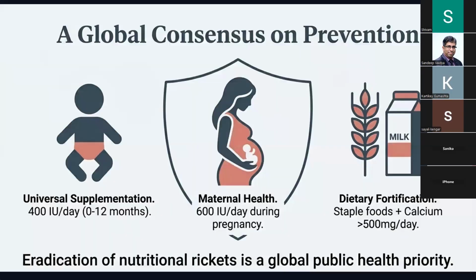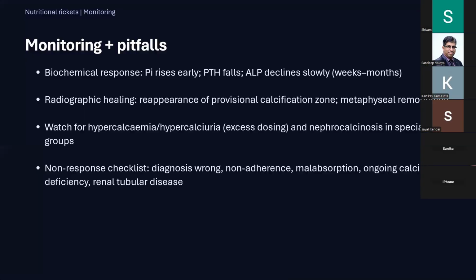So as we discussed, all these factors, universal supplementation of infants, dietary modification, and fortification of staple foods with calcium and vitamin D3, and antenatal vitamin D3 administration will lead to a reduction or eradication of nutritional rickets.